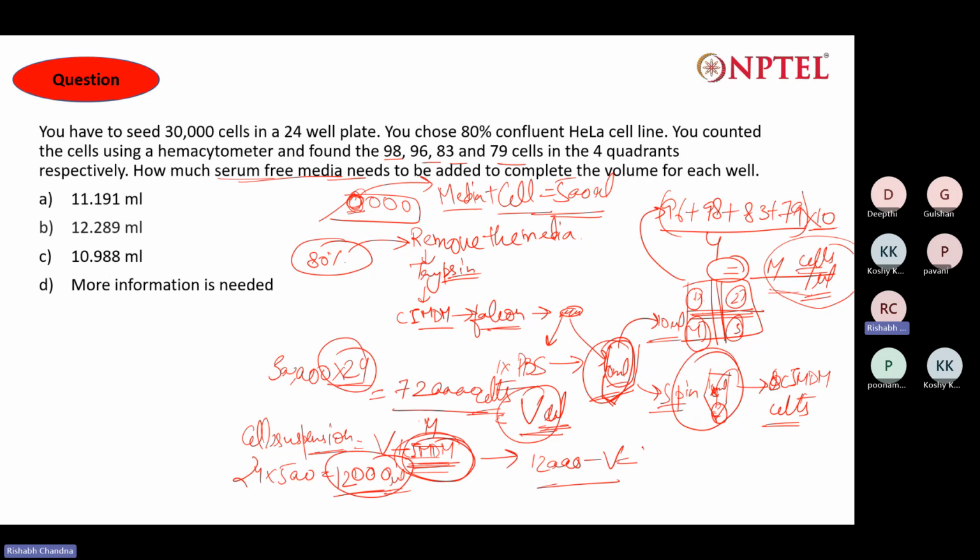Okay, so now for calculating the volume of media, we'll subtract this V from this. This will give us the volume of the IMDM or the media that will be added in the final suspension. And from that final suspension, we'll add 500 microliter in each of the wells.